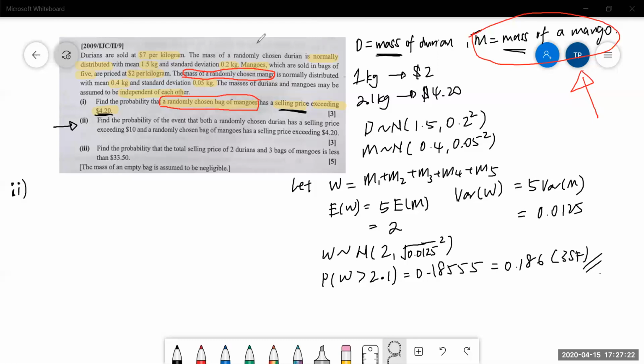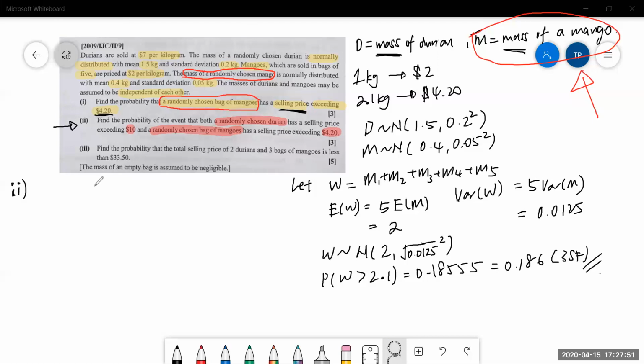Okay, so now we want a randomly chosen durian and a randomly chosen bag of mangoes, exceeding $10 and exceeding $4.20. So we need to find 2 probabilities and multiply them together.